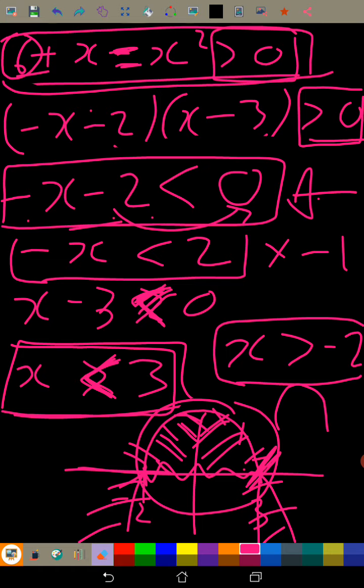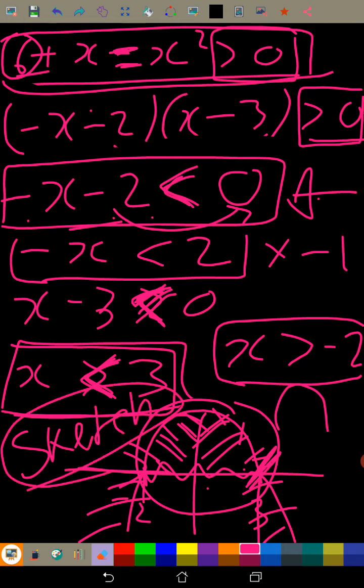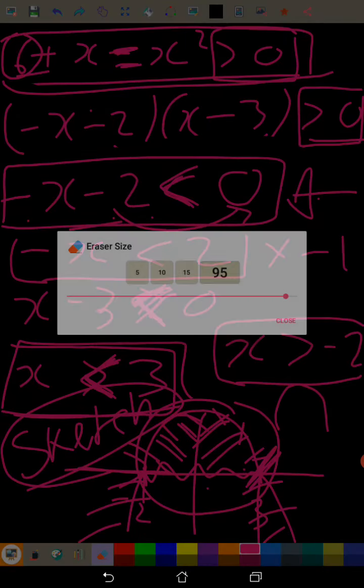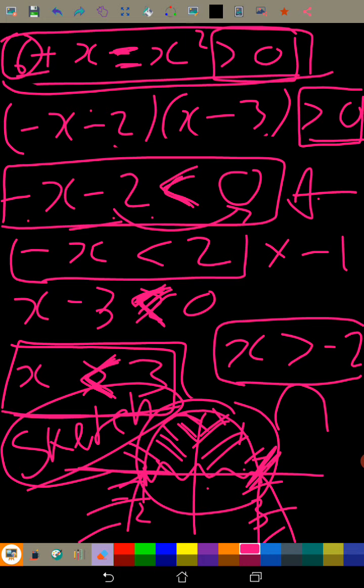Just by looking at this and putting the sign as we want is not going to help us. We have to sketch it. Very, very important. Like I said, I'm revising my math, and I just got convinced about this.